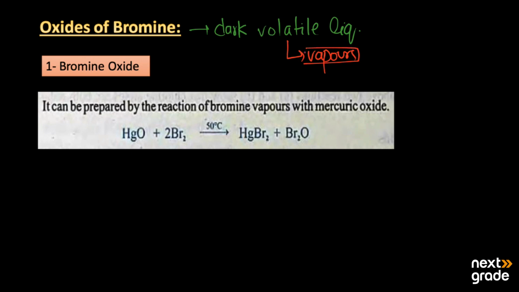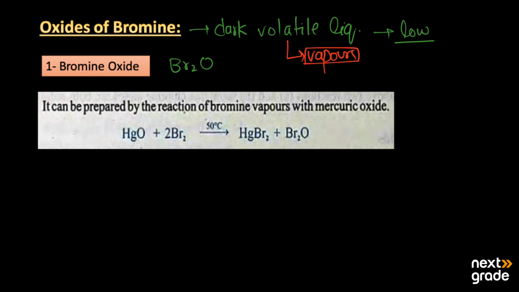These dark volatile liquids also have low thermal stability. Their stability is very low, and the oxide of bromine we have here is just one, bromine oxide. Its formula is Br2O.